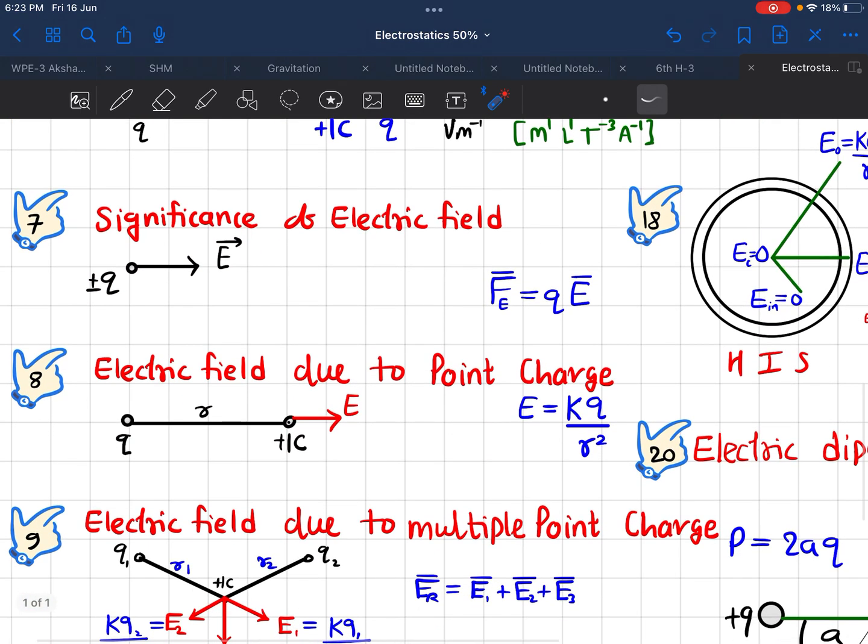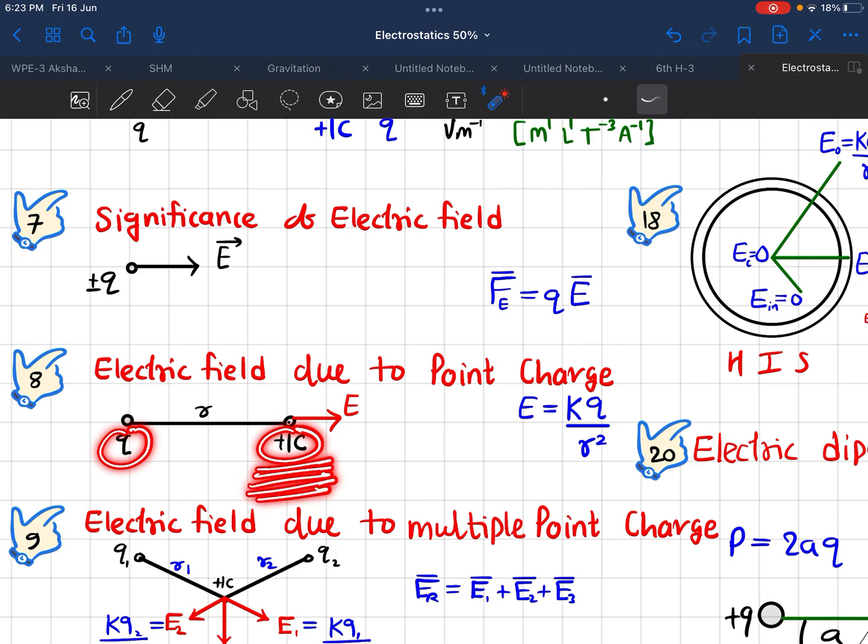Now, electric field due to a point charge. Suppose we have a point charge Q and, at a distance small r from it, what will be the electric field? That means Q will exert some force on plus 1 coulomb.